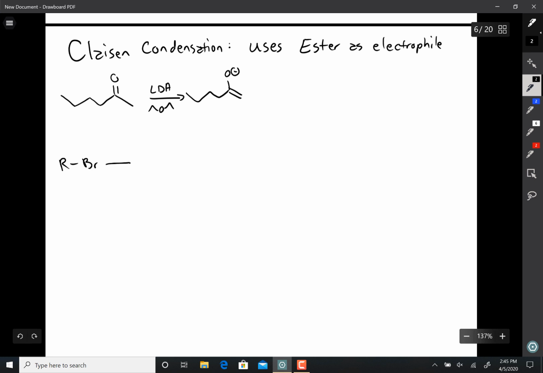Again, let's do the organolithium right along beside it. If you treat an ester with an organolithium, no matter how much organolithium you add, it will always add twice to an ester.